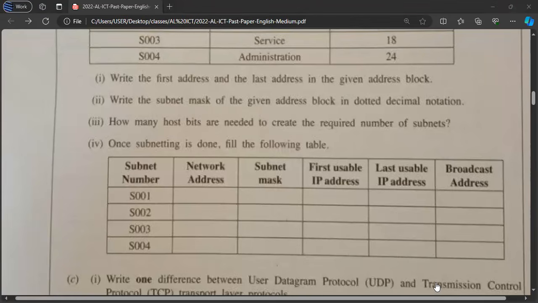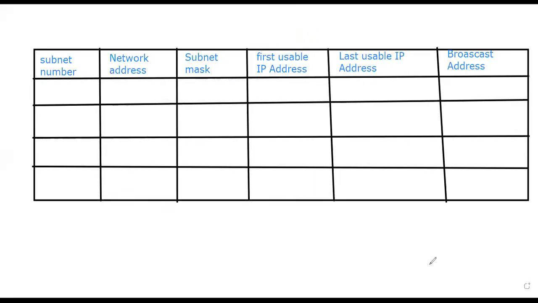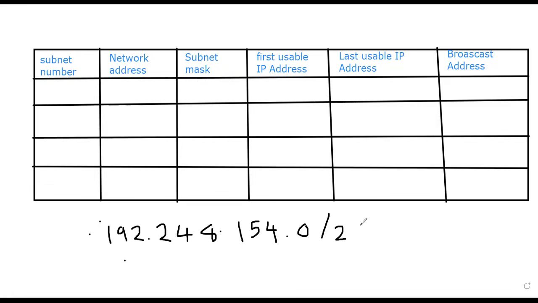Now when it comes to this question, if we take again the IP address block, we had 192.248.154.0, right? And 25 bits were allocated for the net.